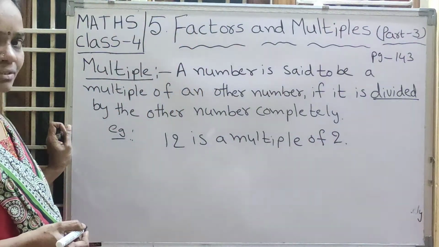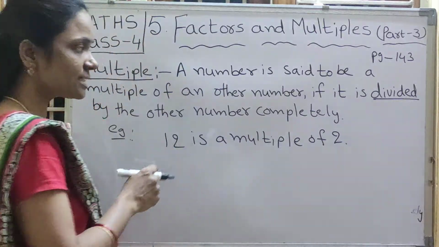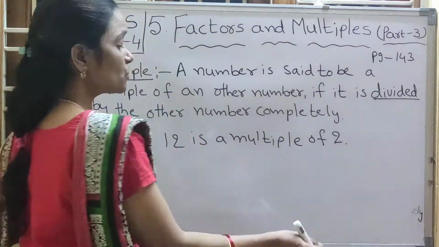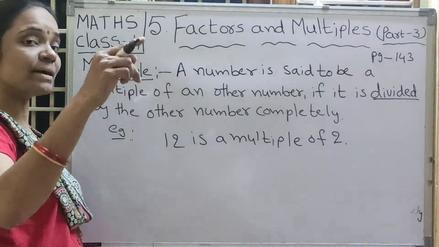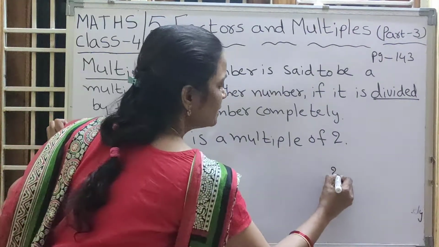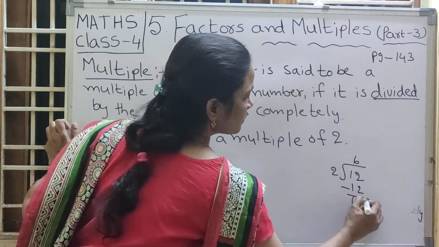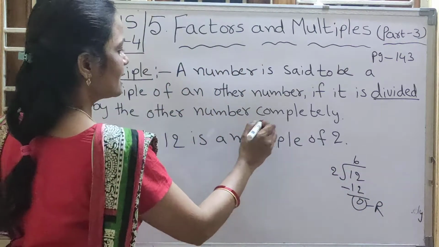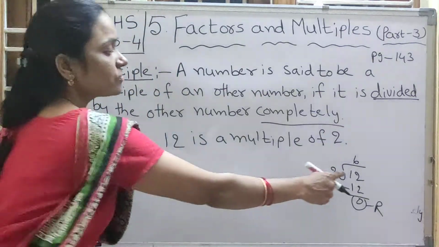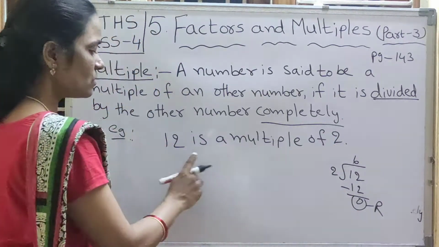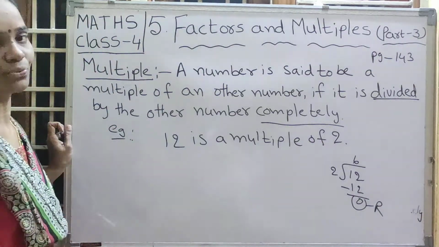Is it right children? In 2 table do we get 12? Yes. So 12 is a multiple of 2 because 12 is divided by 2 exactly, means 2 sixes are 12. Remainder is 0 means completely. So 12 is divided by 2 completely. So 12 is a multiple of 2.